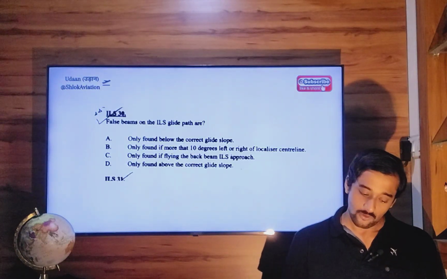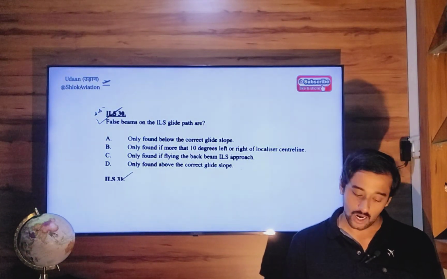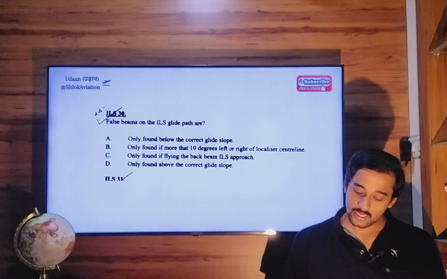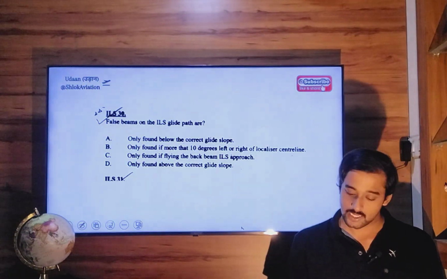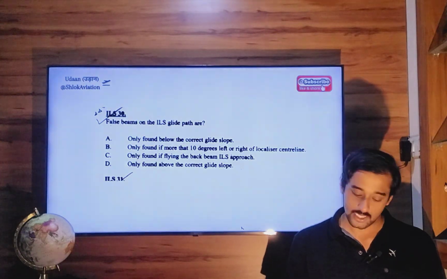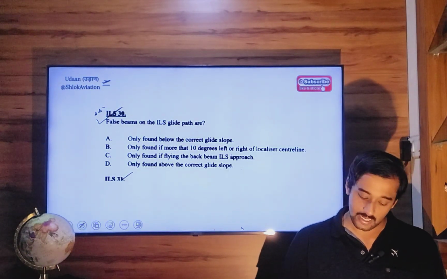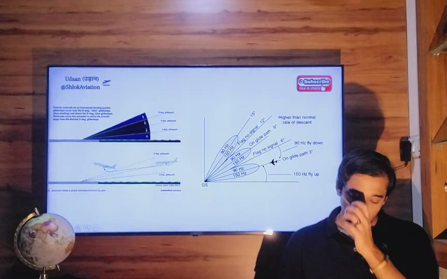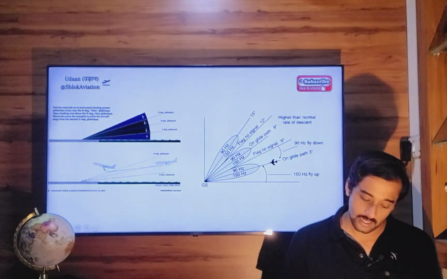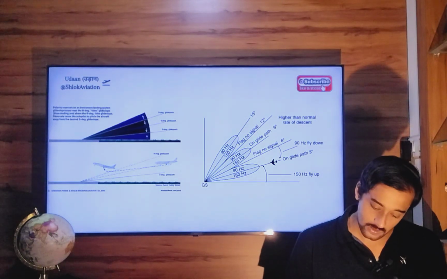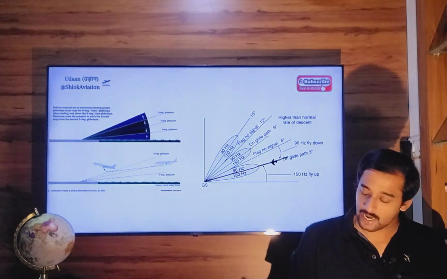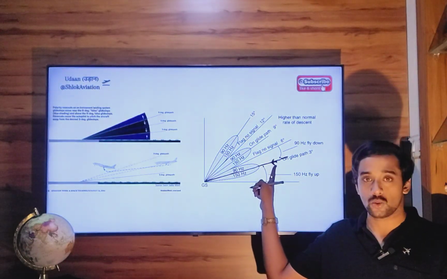Next. False beams on the ILS glide path are: found below the correct glide slope; found if more than 10 degrees left or right of the localizer center line; found if lying on the back course of the ILS; or only found above the correct glide slope. So remember, your glide slope transmitter will transmit the standard 3 degree glide slope where the aircraft is situated.